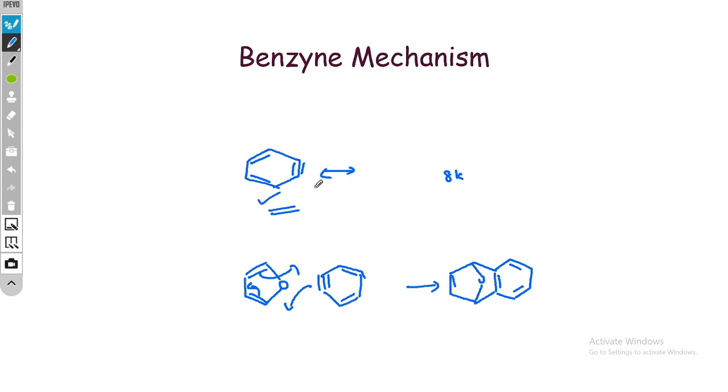This is not the only canonical form; another canonical form is like this, a two double bonded structure like a cumulated diene. This is another canonical structure. So these are structures A and B, but the contribution of this structure will be more as compared to this compound.